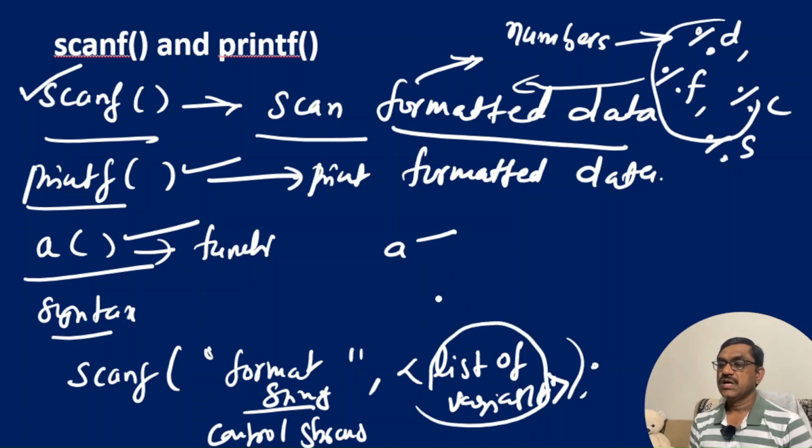The list of variables consists of the address operator before them. Why? Because to read formatted input into memory locations specified by the variable, unless you know the address of the variable into which you are going to read the data, it's not possible. So to mention the address, we are using the address operator. This is the syntax of the scanf statement.